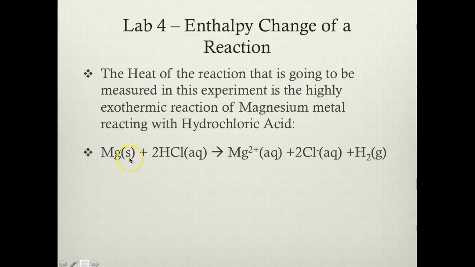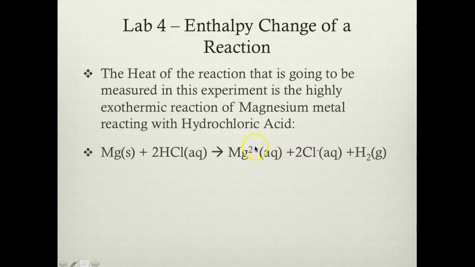So this is the reaction. You have a piece of magnesium metal, and you dissolve it into the acid. Now both of the reactants are dissolved in a certain amount of water inside the calorimeter. And what magnesium will do is push out the hydrogen. So magnesium and the chlorine part, or the chloride as it's more appropriately called, remain dissolved in the water, aq.